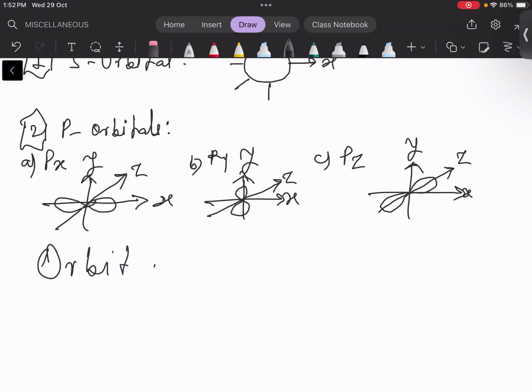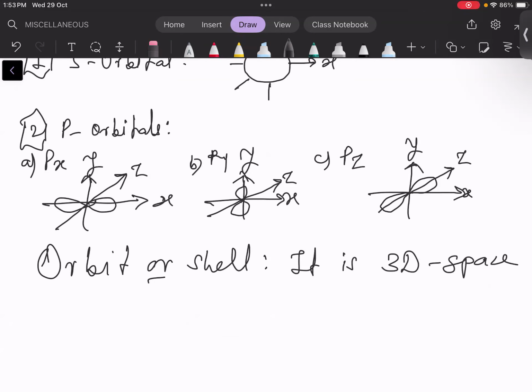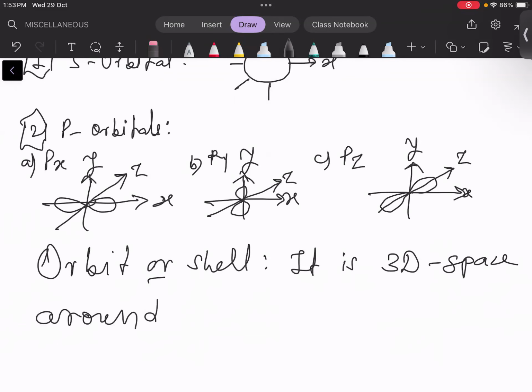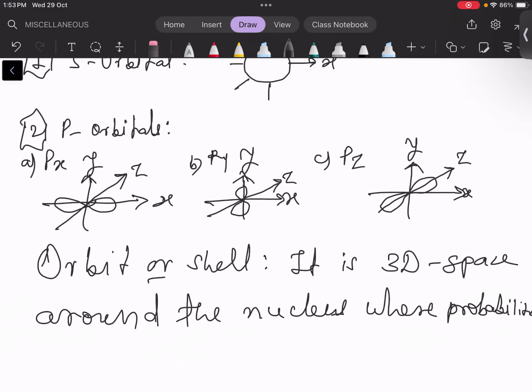Orbit or shell: it is the three-dimensional space around the nucleus where the probability of finding an electron is maximum.